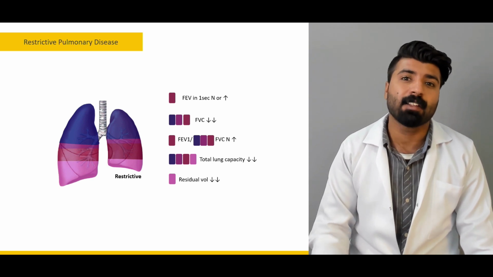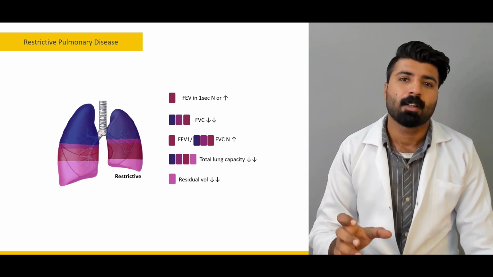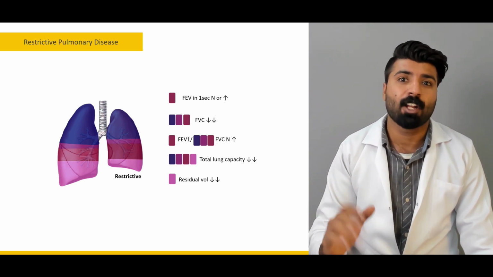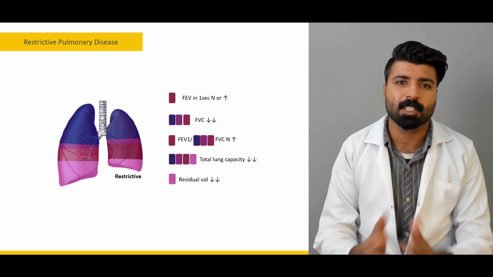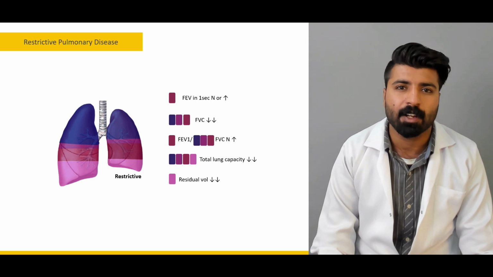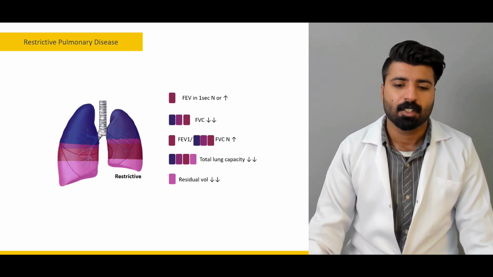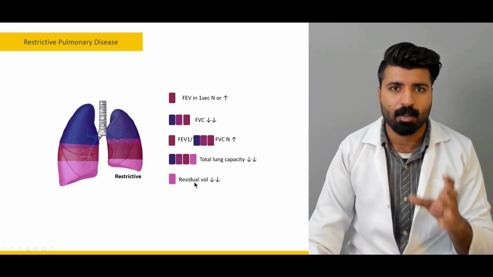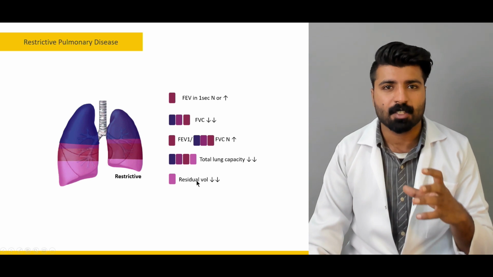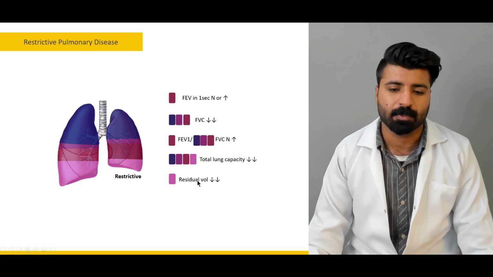The point of having that air inside is to not let the alveoli collapse. If all the air is out, the alveoli will collapse, the whole respiratory system will collapse, and the person will die. Therefore, there's always some residual air inside. So what will happen to residual volume? I'll tell you later. This is residual volume: the volume of air that is present inside the lungs after forced expiration.